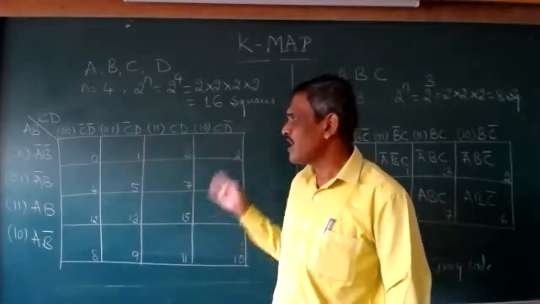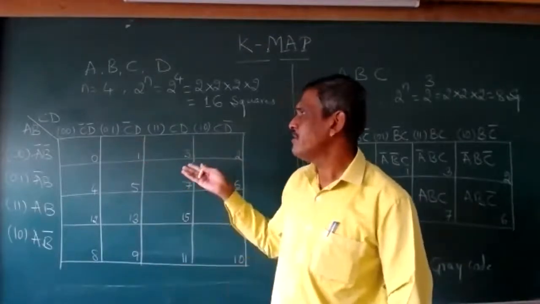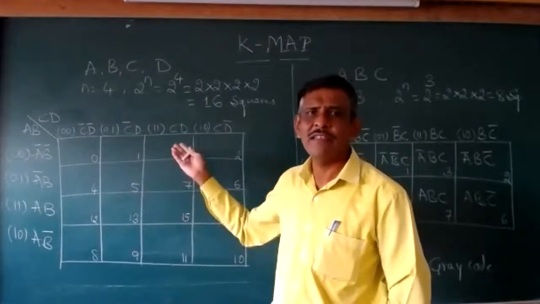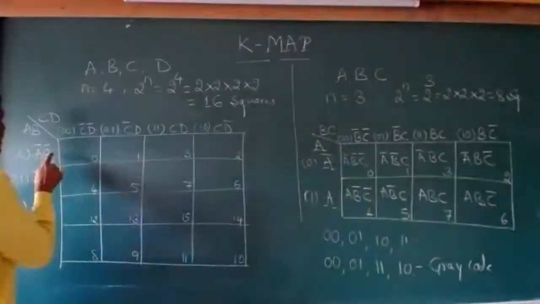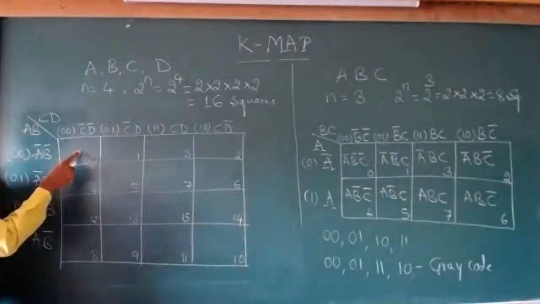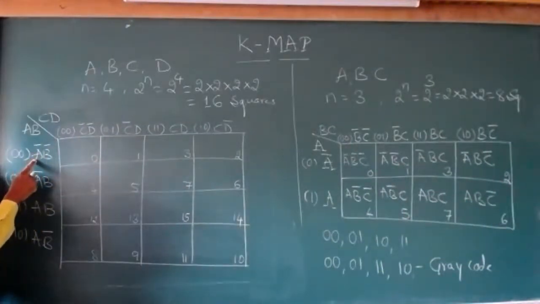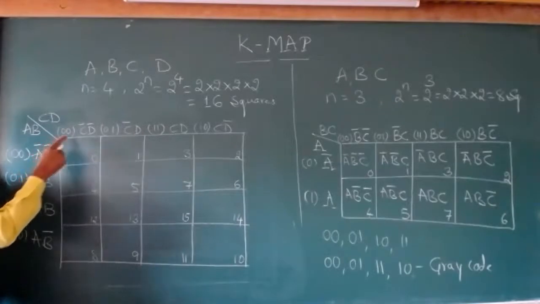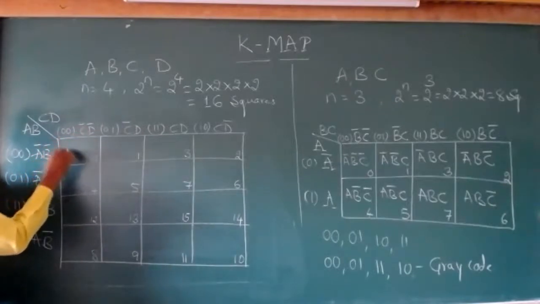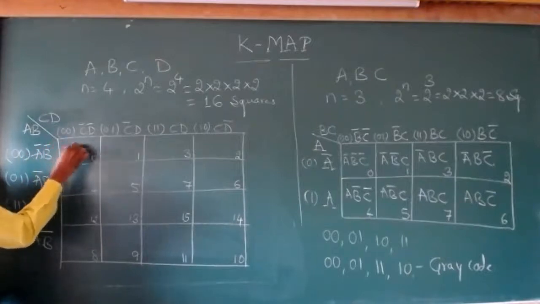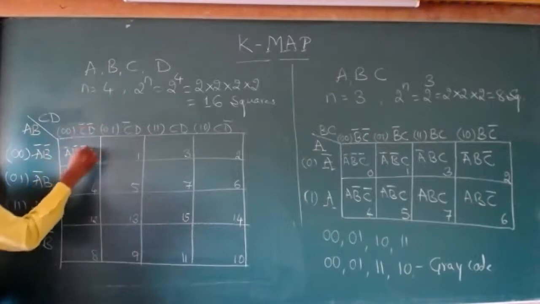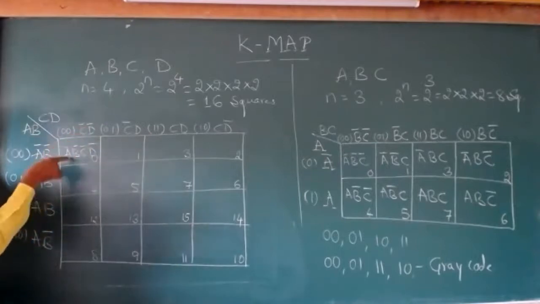Once these designations are represented, the last step is to generate the min term for each and every square. If it is the 0th designation, then A complement, B complement, C complement, D complement. The product of all of these is the min term. So A complement, B complement, C complement, D complement is the first min term.